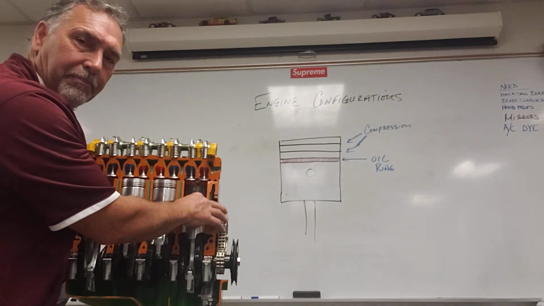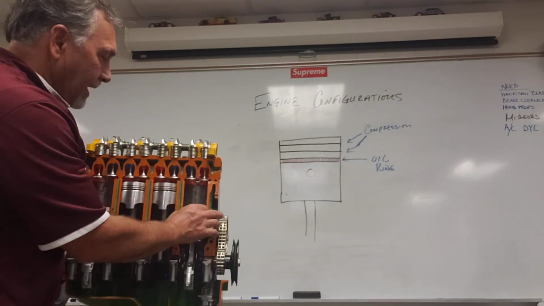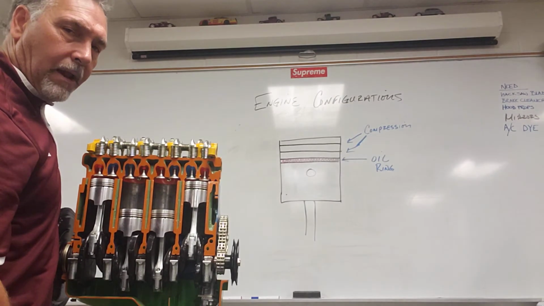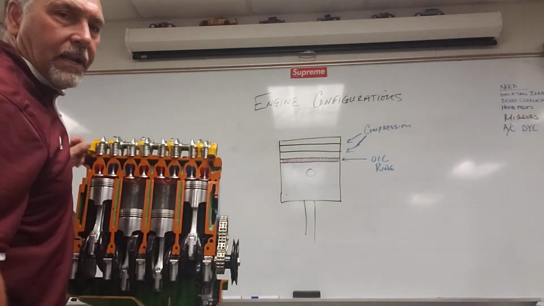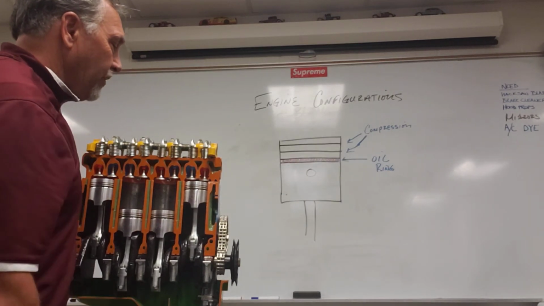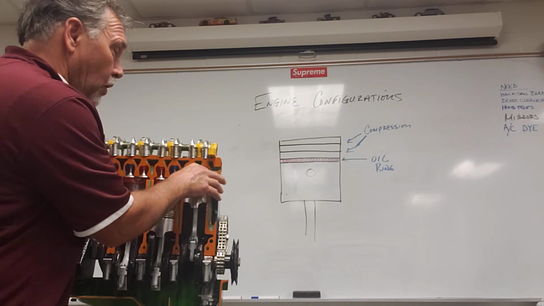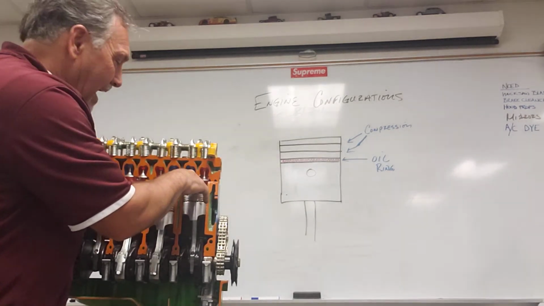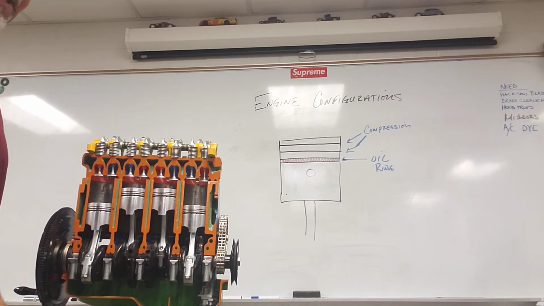It's designed to keep that pressure up in the very top of the cylinder. One, it needs to be a tight seal so that when the piston comes up to compress the fuel mixture, it can compress it. And then when the combustion process happens and we create that explosion in here, it will seal and hold that pressure inside here and allow it to push down on the piston, and therefore we have rotation.